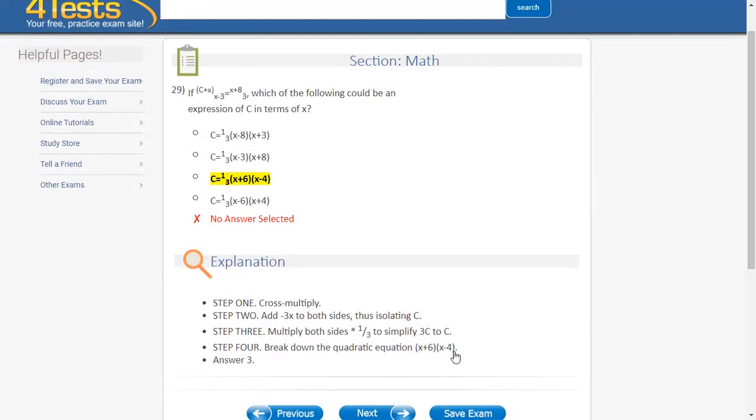The first step is cross multiply. Step 2, add minus 3x to both sides just to get rid of this x minus 3. Next, step 3 is multiply both sides by 1 over 3 to simplify 3c to c. Step 4, break down the quadratic equation: x plus 6 into x minus 4. Answer is 3.